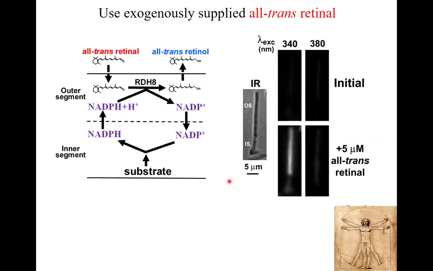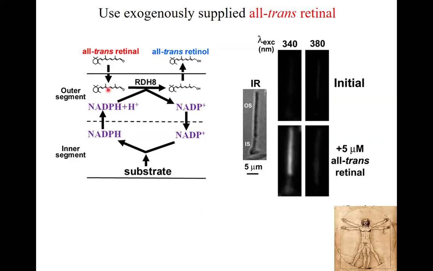Now, because we could not get pigment most of the time, we modified the assay a little bit, and we used exogenous all transretinal. So we gave all transretinal to the cells from the outside. We ensured that the pigment was bleached, so there was no rhodopsin, negligible amounts of rhodopsin left.